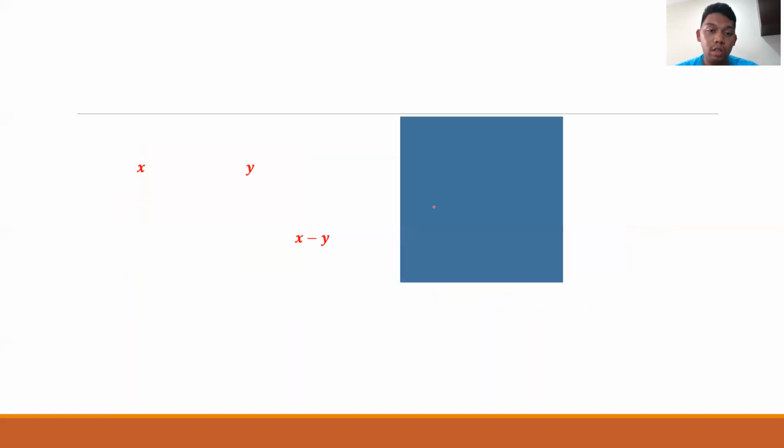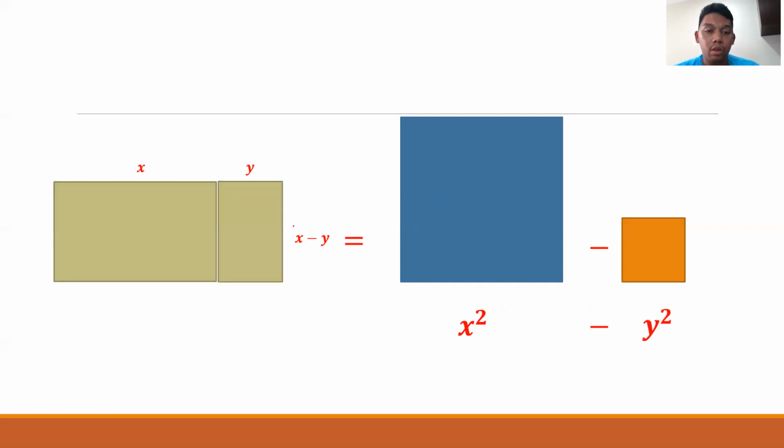Sorry, my PowerPoint got destroyed. So quantity x plus y times quantity x minus y is equal to the difference of squares, all right?